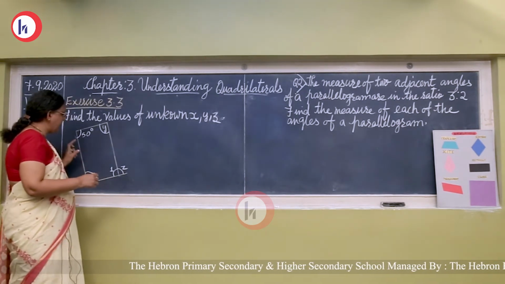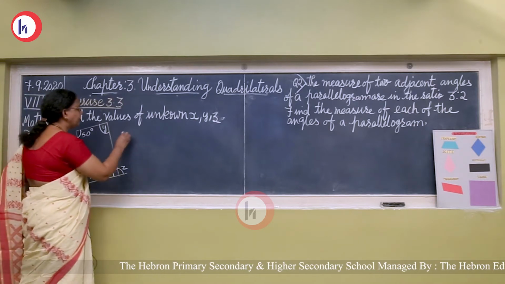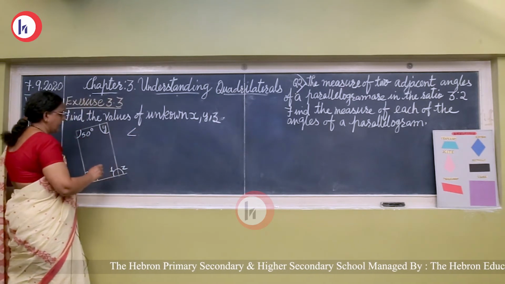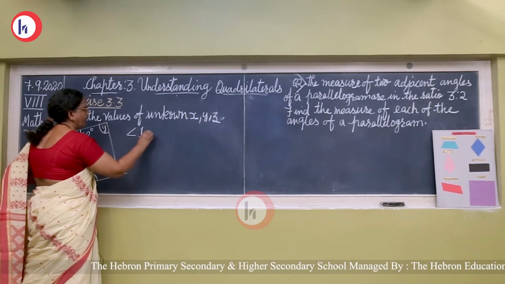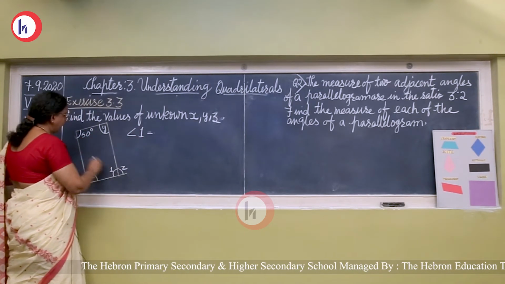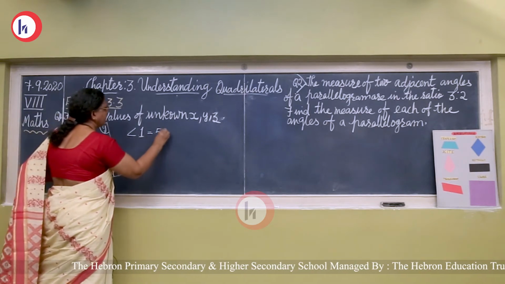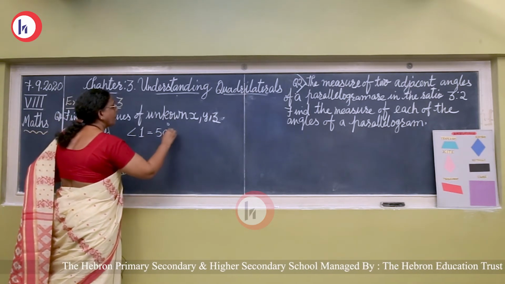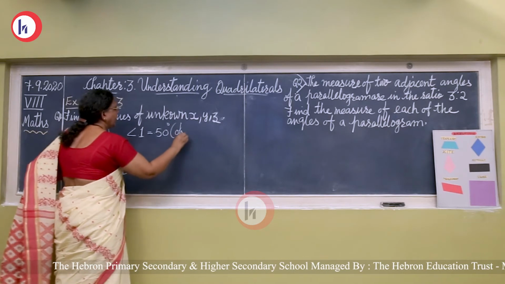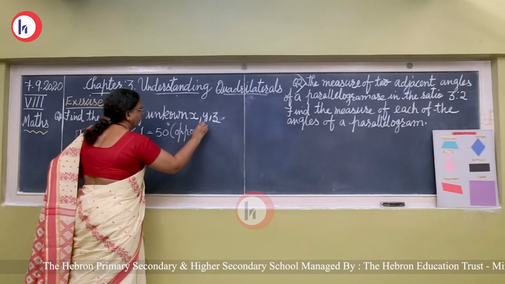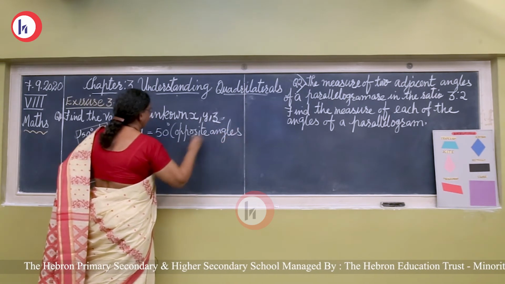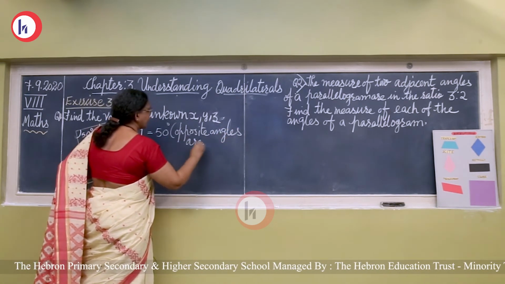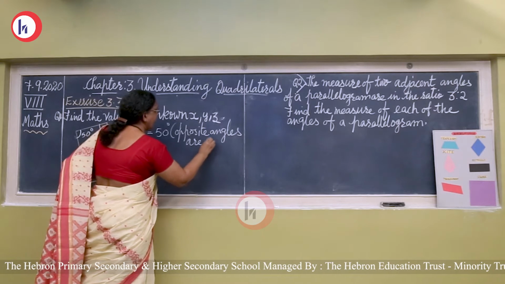First we will write that the measure of angle 1 is equal to 50 degrees. The reason is: opposite angles are equal. It is known as a property, opposite angles are equal.